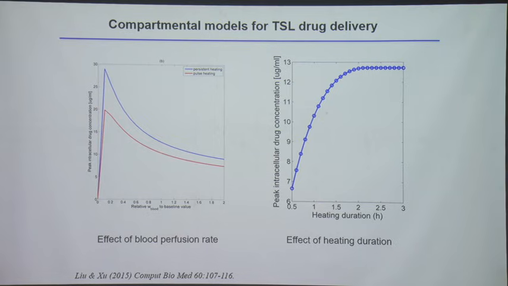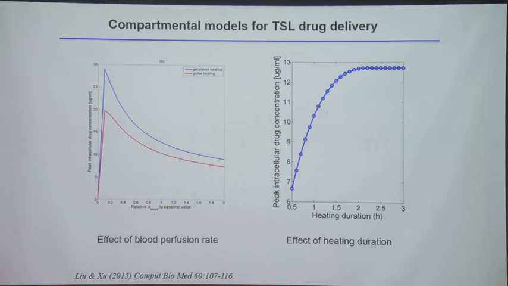And if you look at the figure on the right, it is about the effect of heating duration. With persistent heating, you can heat for 1 hour, or you can heat for longer periods of time. Does it matter? And it looks like it does. Heating up to 2 hours seems to be optimal, and heating for more than 2 hours doesn't make much difference anymore.